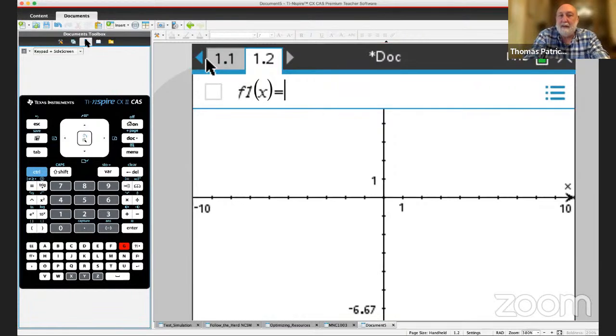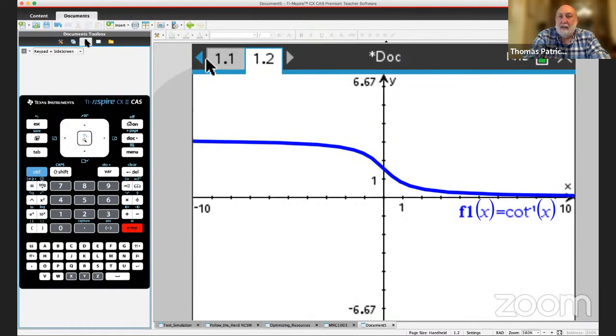I'm going to graph the inverse cotangent. I'm just going to type in ARCCOT of X. And there we got a nice graph of that.